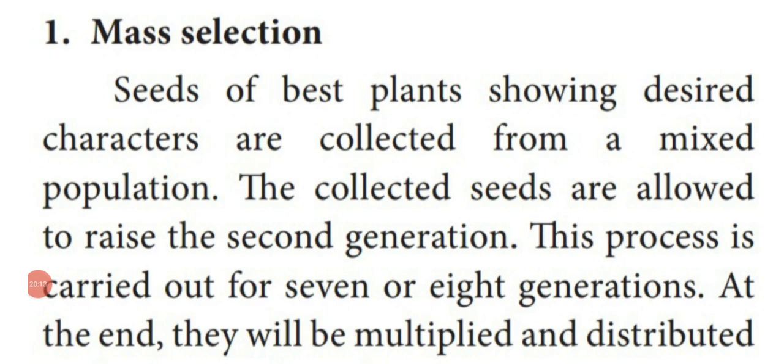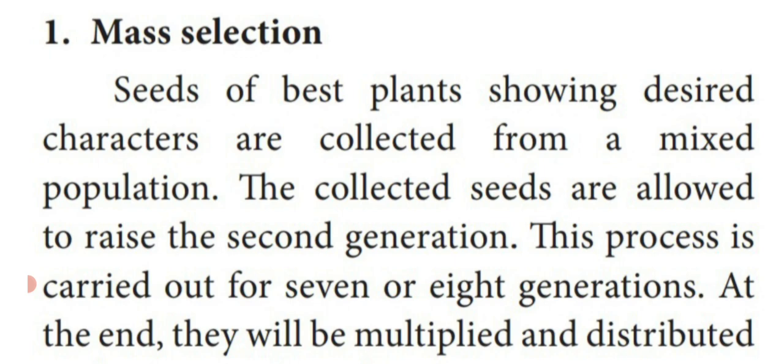Dear students, see the first type of selection, that is mass selection. So we have to place seeds with different characters in a particular area, that is said to be a mixed population of seeds.